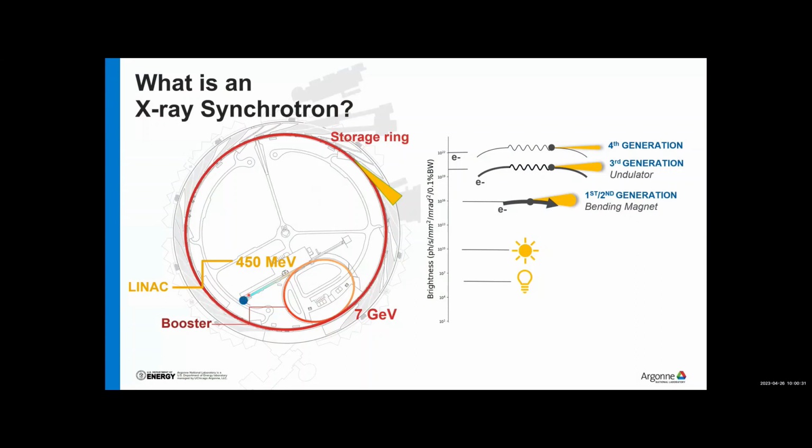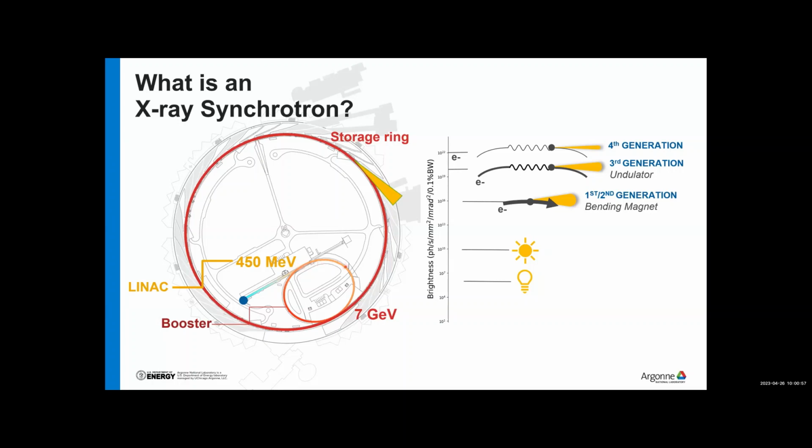These electrons are accelerated in a linear accelerator, and at the APS, they reach 450 MeV at this point. To put it in perspective, the rest mass of the electron is about 500 keV. So at this point, the electrons have an energy which is 1,000 times higher than their rest mass. So it's already pretty energetic particles.